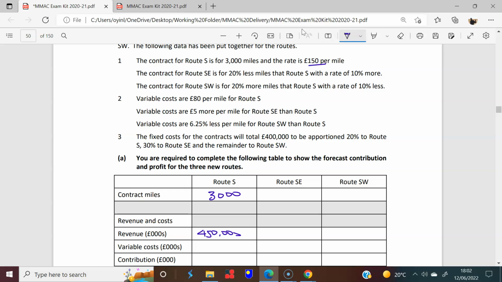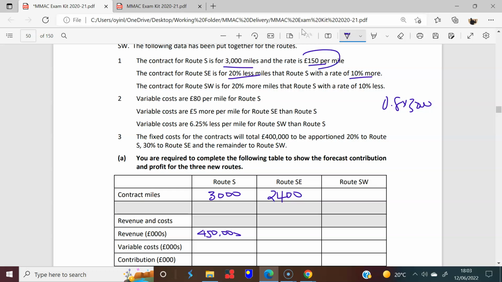The next thing it tells you is that Route SE is 20% fewer miles. So if you were 3,000, 20% less miles is technically 80% of 3,000, which is 0.8 times 3,000, therefore 2,400 miles. And it tells you with a rate that's 10% more.